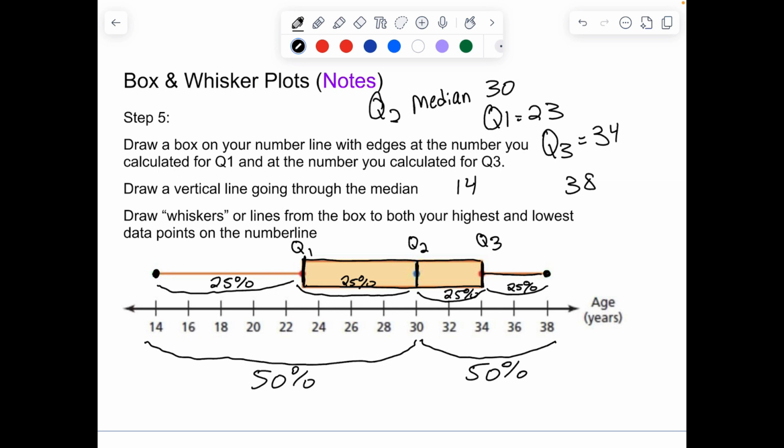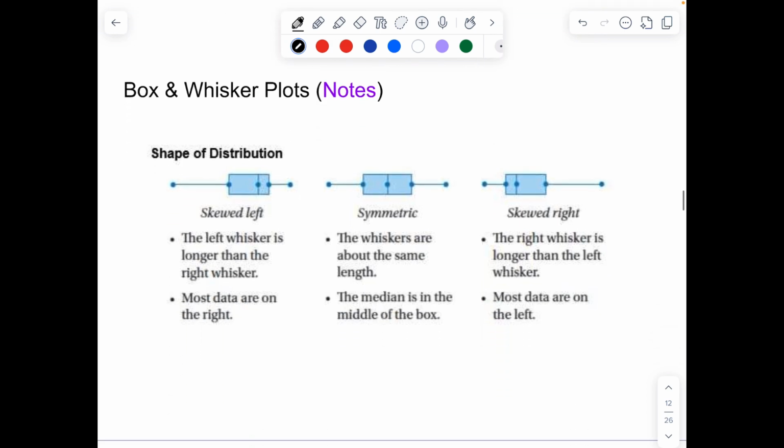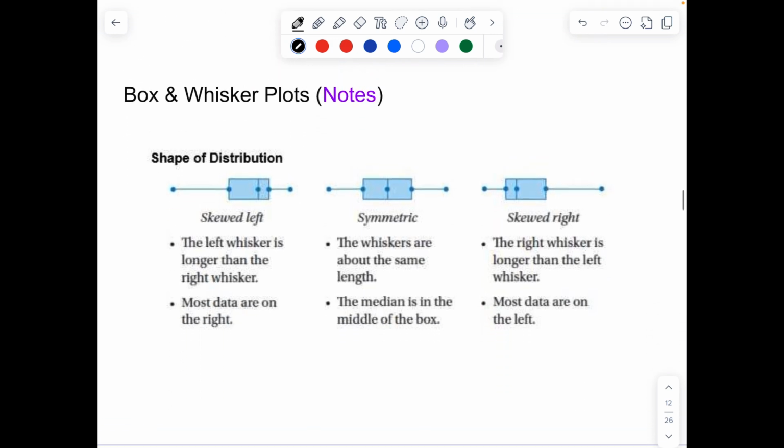So based off of this information, we can see if our data is skewed in any particular direction. Okay, so if we look here, this can be a little bit confusing, but you just have to focus on what is happening with your whiskers.